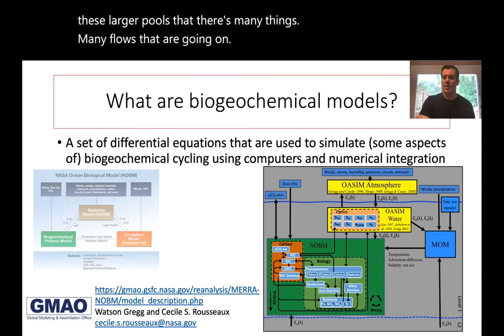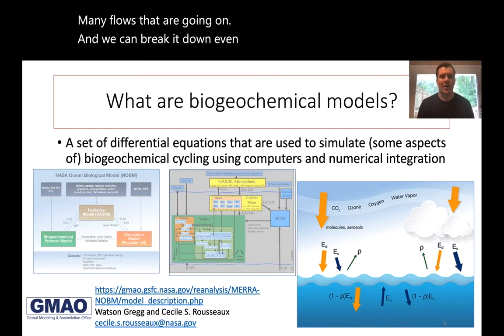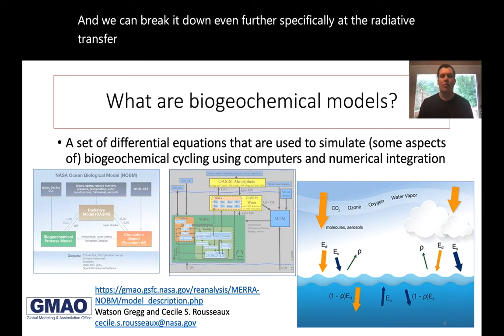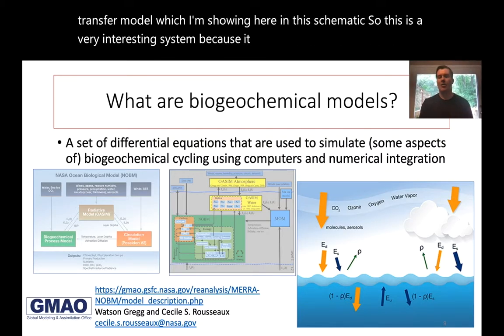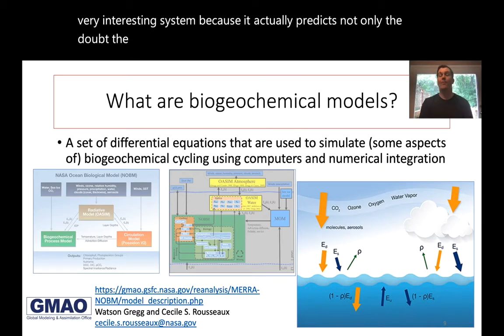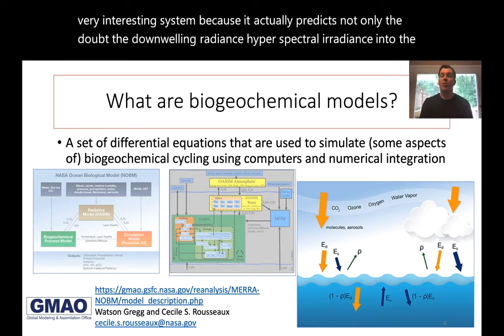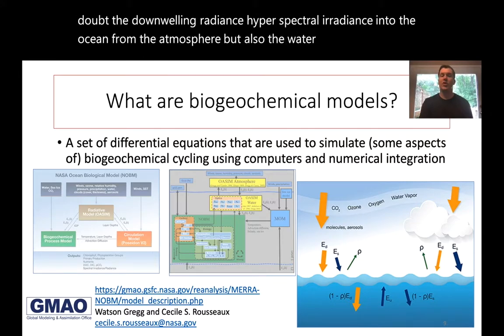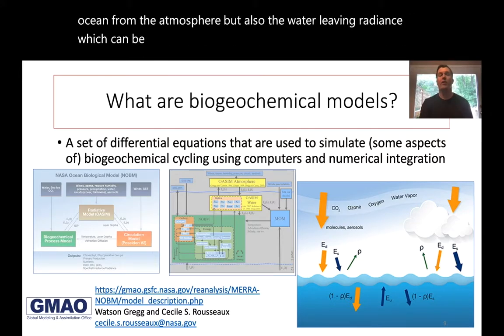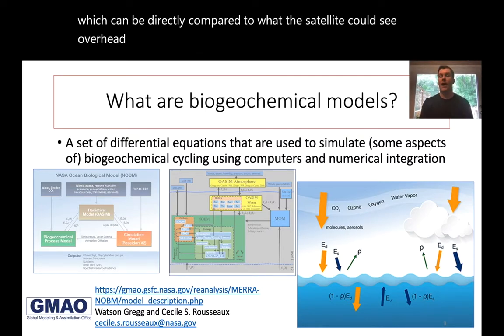We could break it down even further, specifically at the radiative transfer model, which I'm showing in this schematic. This is a very interesting system because it predicts not only the downwelling hyperspectral irradiance into the ocean from the atmosphere, but also the water-leaving radiance, which can be directly compared to what a satellite would see overhead. So the model can predict the actual remote sensing reflectance through time.